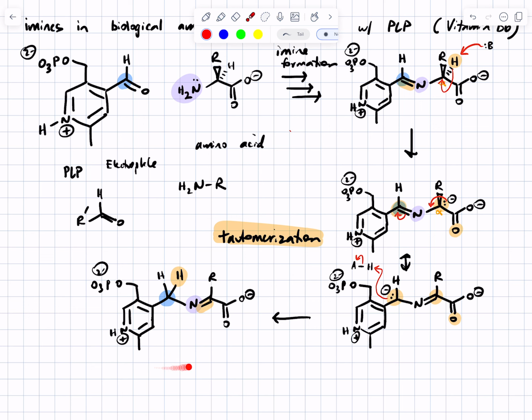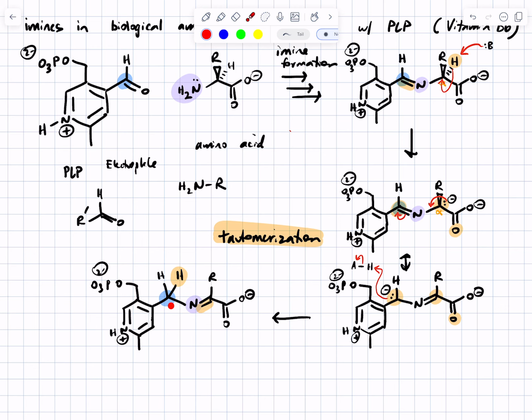Now, is this still an imine? Still matches the criteria, right? Still a nitrogen doubly bonded to a carbon. Where's the carbonyl carbon now? On the left or the right? What used to be the original carbonyl carbon, which had 2 bonds to a heteroatom, now only has 1.